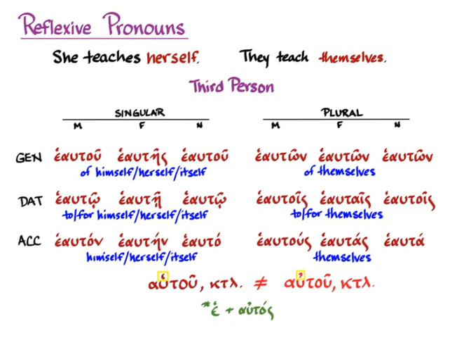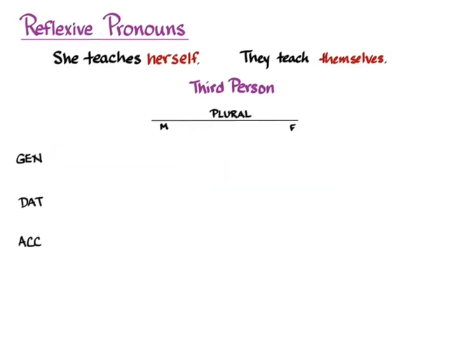Now, I will say, unfortunately, that the third person also has alternative forms in the masculine and feminine that do use a form of a pronoun plus the autos, just as we did with second and first person pronouns. The pronoun that it uses is one that you don't often see on its own in Attic Greek, but you see it quite regularly in other dialects of Greek, particularly earlier dialects.